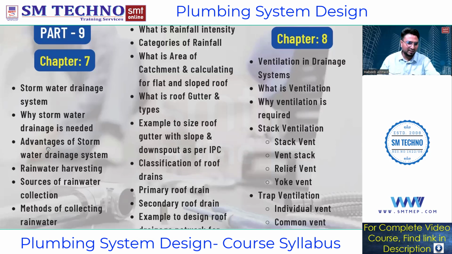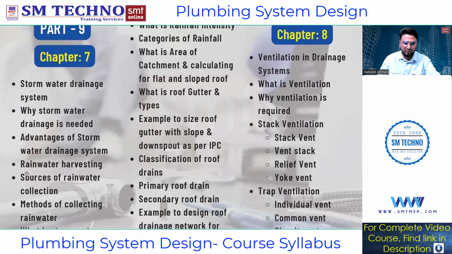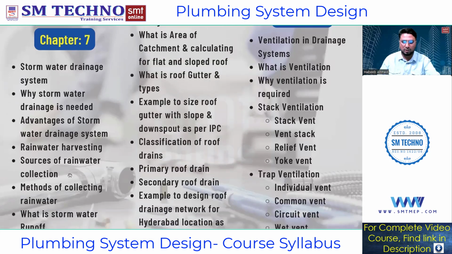There are certain advantages of the storm water drainage system. We can use the rainwater for harvesting, which is also known as rainwater harvesting. And what are the sources of the water collection? Generally, I can say the sources of water collection are the roof areas, the parking areas, or the gully areas, or the neighbors' area, where the water falls by means of gravity, incident on the vertical wall which has been connected to the house.